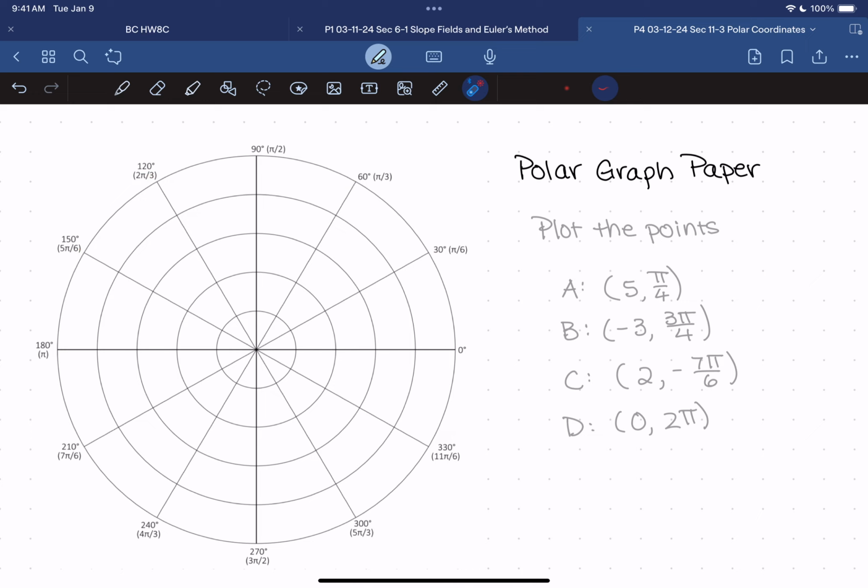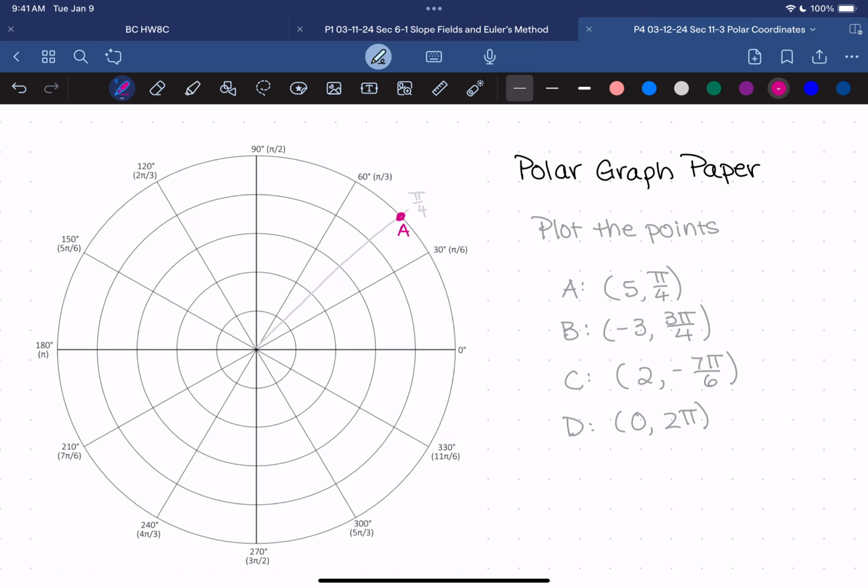So, for instance, if we do the first point together, the point 5, pi over 4, we don't have a ray to represent pi over 4, but we know that it would go right here. And we want to go 5 units away from the origin, on the circle with radius 5. 1, 2, 3, 4, 5, right there. And that is point A.